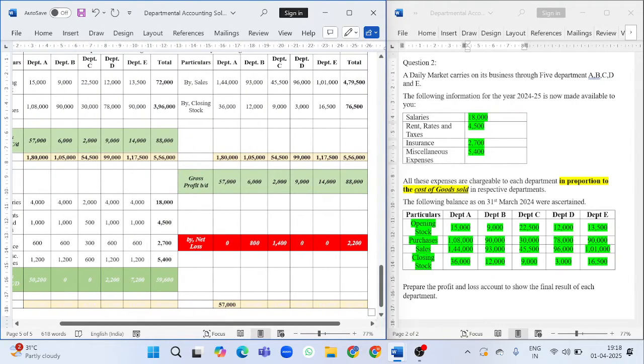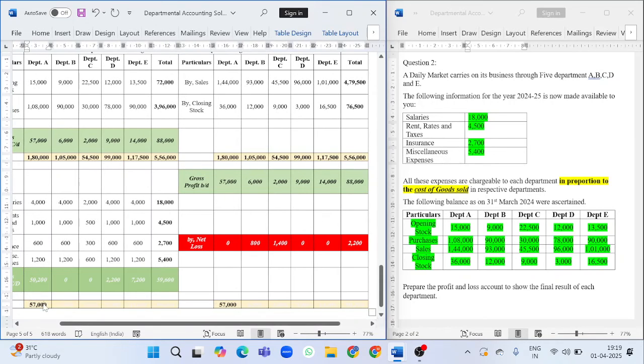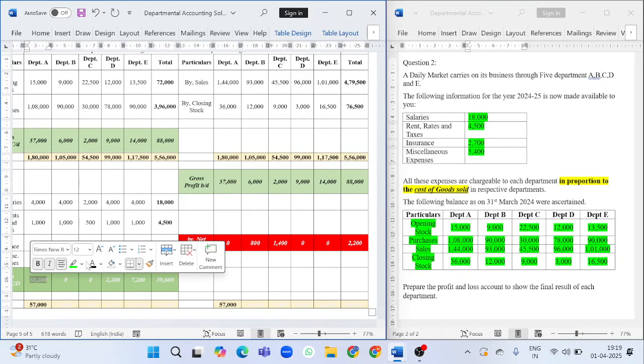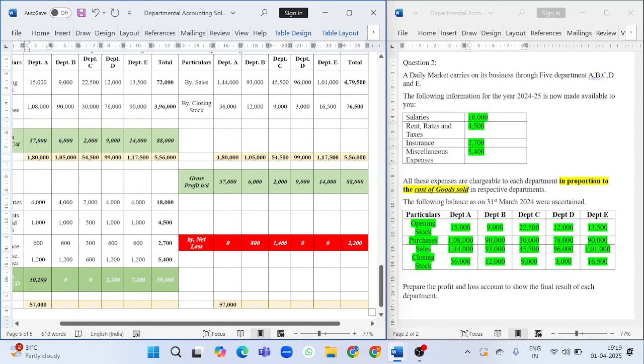So the same balance I will write on the debit side, 57,000 rupees. Now from this 57,000 rupees, subtract 4,000, 1,600 and 1,200 rupees. You will be getting 50,200 rupees. Clear?